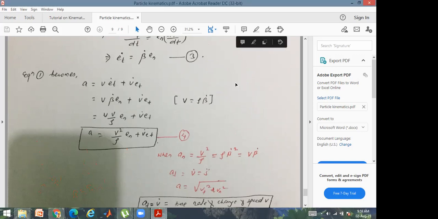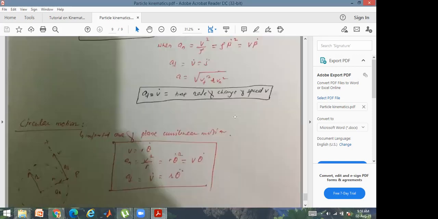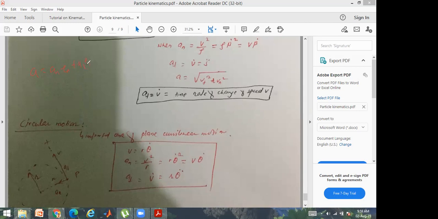So the major conclusion of your derivation is that acceleration a can be written as an en plus at et. So an is v square by rho plus at is v dot, that is dv by dt.